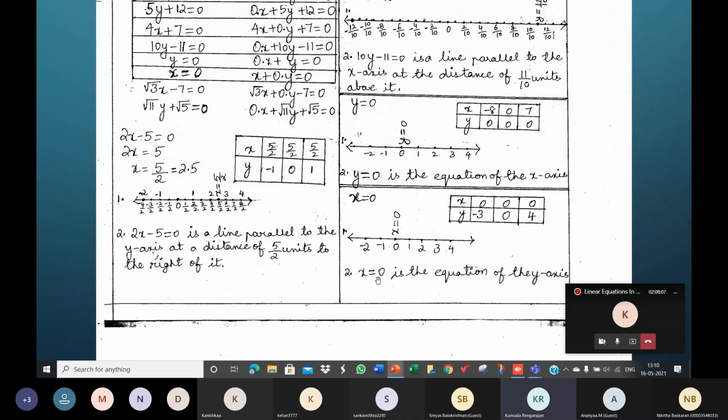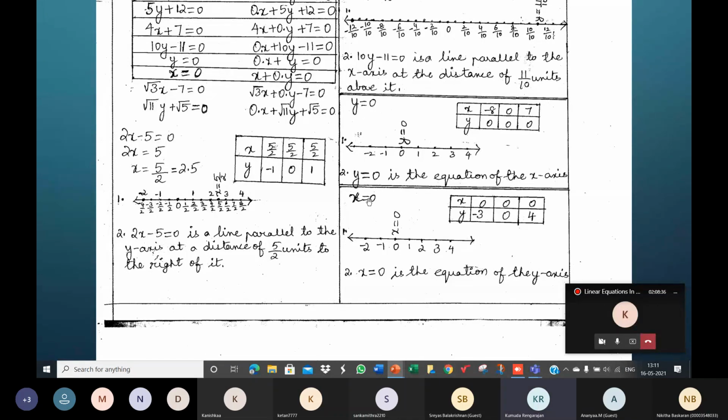Further, when we are making graphs and you come across the equation x is equal to 0, it need not be mentioned that you should treat it as an equation in 2 variables. It's understood. When we are working with graphs and we see x is equal to 0 or y is equal to 0, we are treating it as an equation in 2 variables.